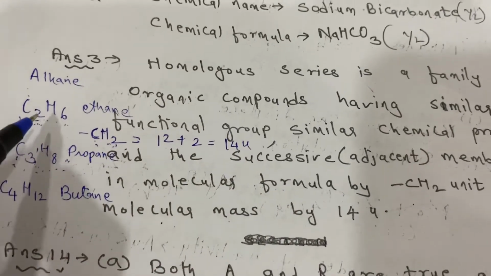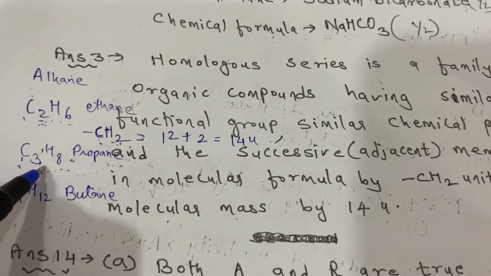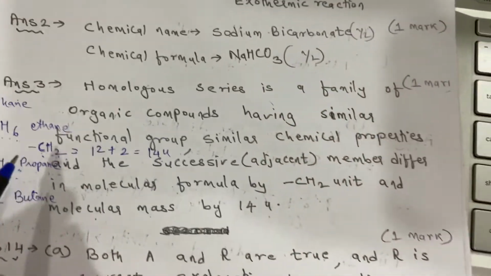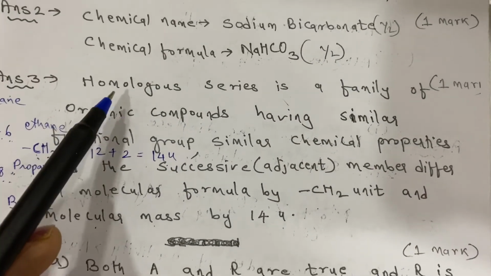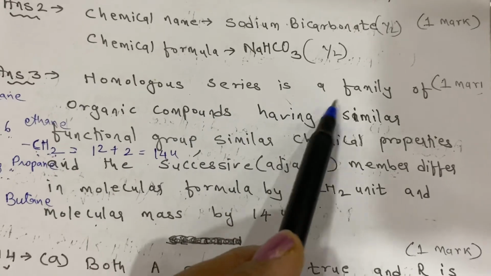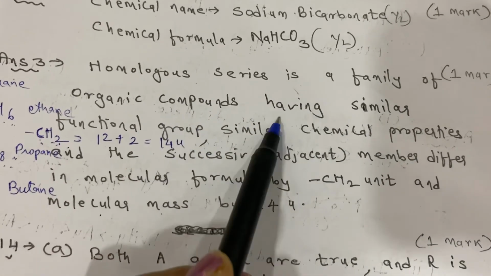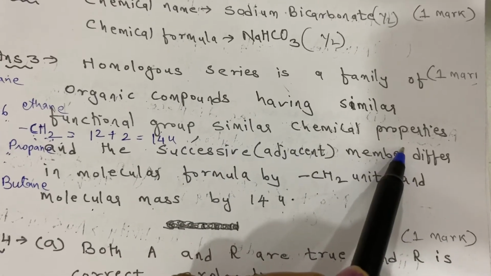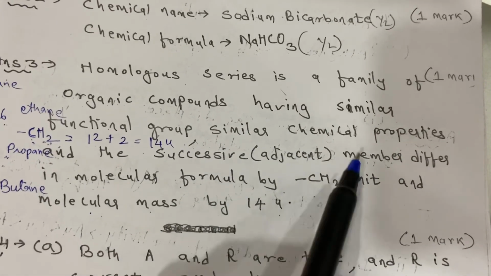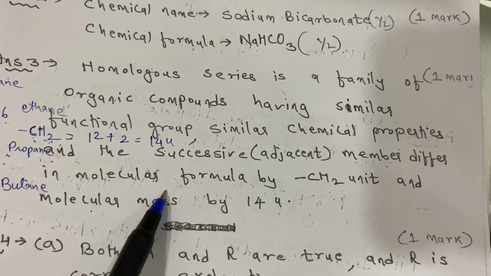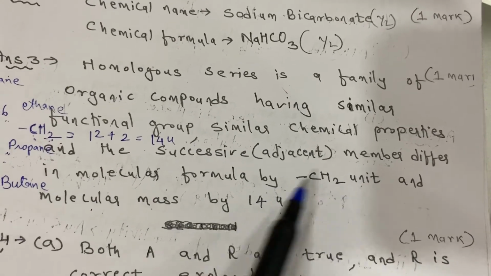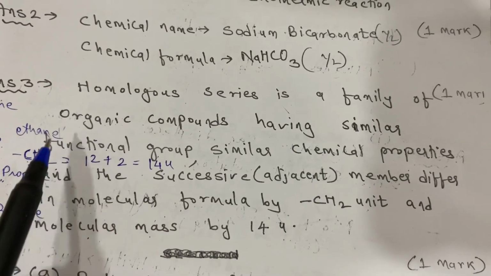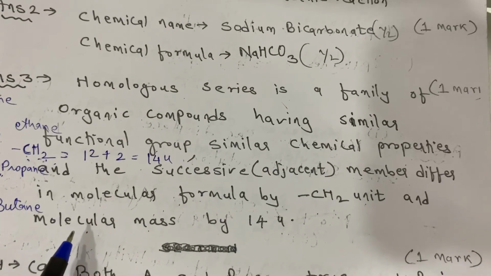So in both these adjacent carbon compounds, the molecular mass difference is 14u. In this way, this is the actual definition of homologous series. It is a family of organic carbon compounds having a similar functional group, having similar chemical properties, and the successive or adjacent members differ in molecular formula by CH2 unit and molecular mass by 14u. So students, you have to learn this definition by heart. This is a very important definition.